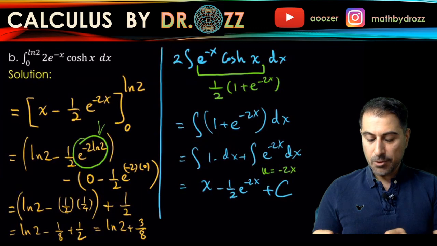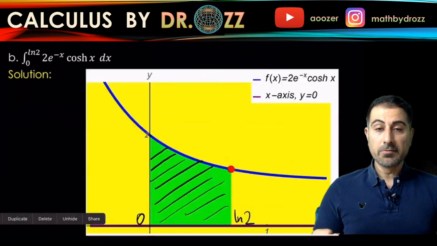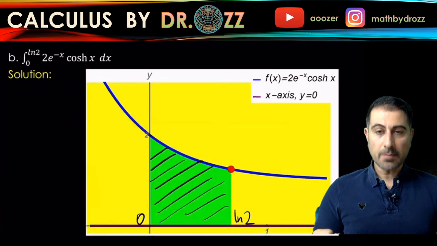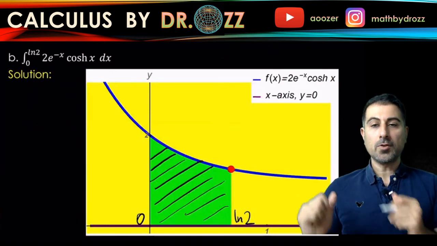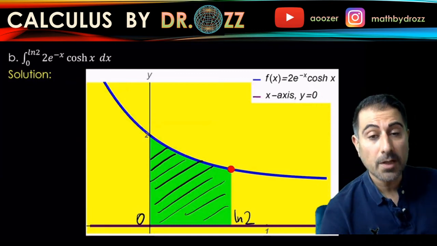And we do know that this area of the green region is represented by the output of that definite integral, which is ln2 plus 3/8.